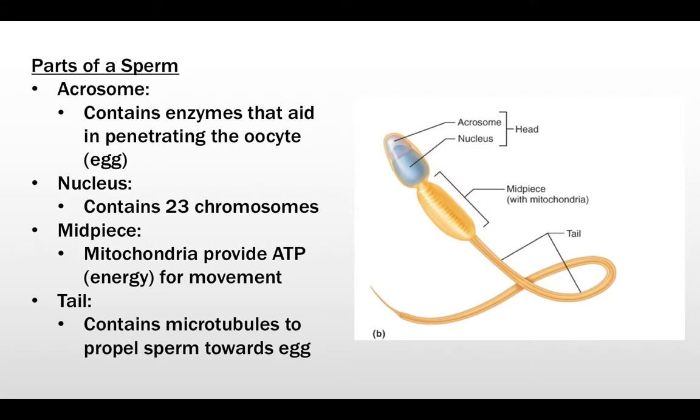So we've created a cell here that does not have very much function aside from what it is designed to do. It's designed to move, it's designed to power through, and to make it to the egg cell and eventually hopefully penetrate it. Though in a standard ejaculation there are several hundred million sperm, so if that sperm is lucky enough to be one in several hundred million, it can finally penetrate the egg.